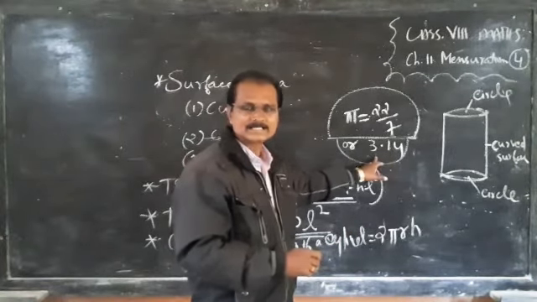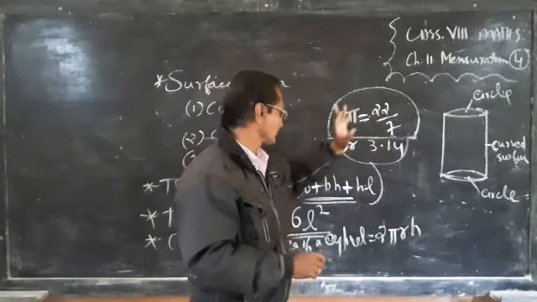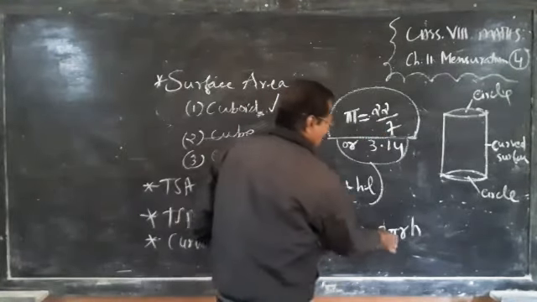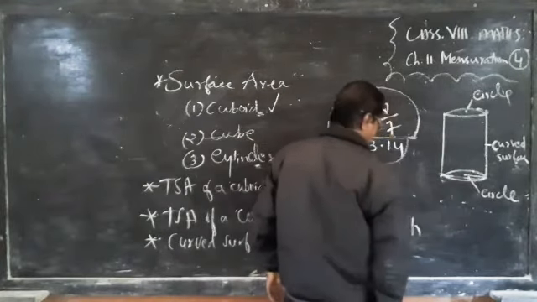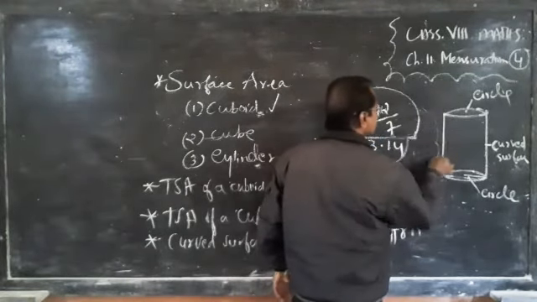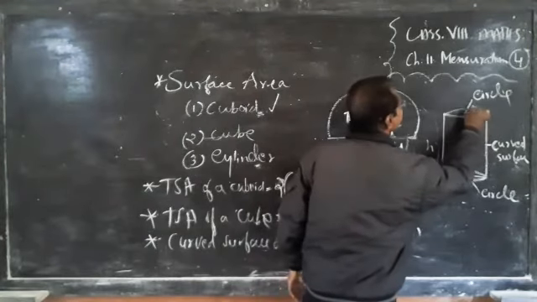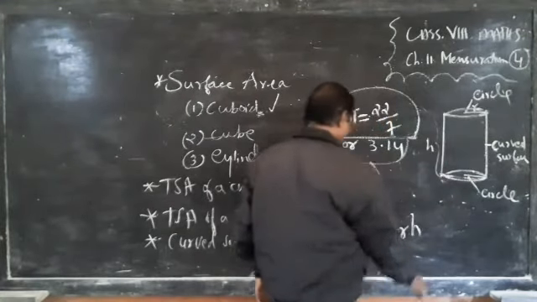If the instruction is given, then you take 3.14, otherwise you always take 22 divided by 7. So 2 into pi into R, where R is the radius and H is the height.